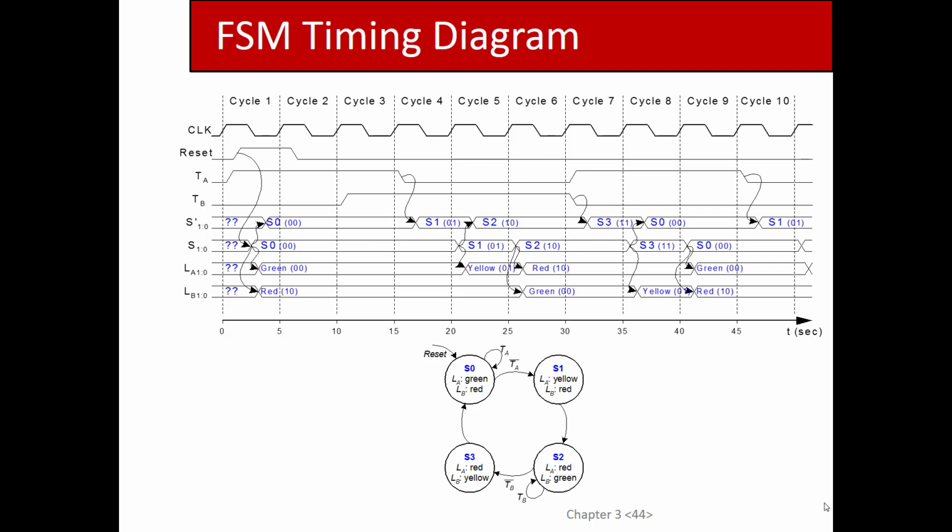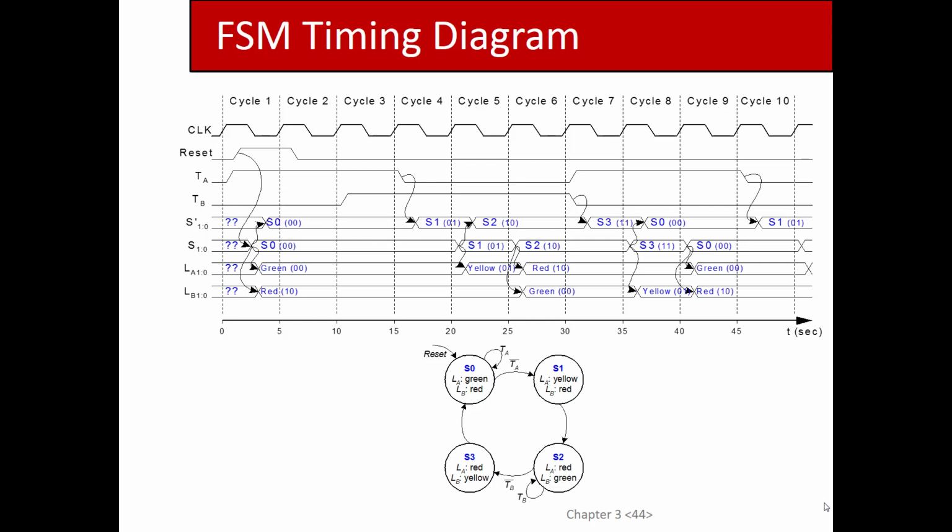So the first thing we want to do is hit this circuit with a reset pulse. Notice that the reset goes high sometime during cycle 1. It's in the middle, after the first rising edge but before the second rising edge, right about there.